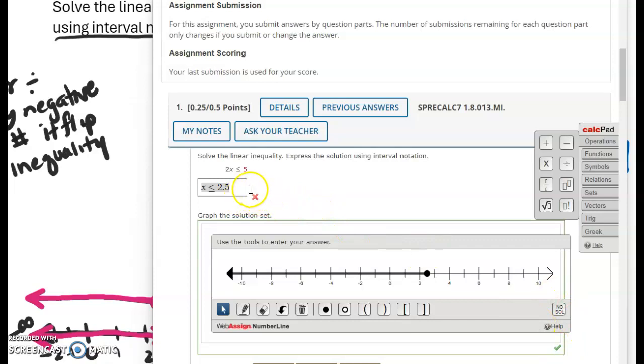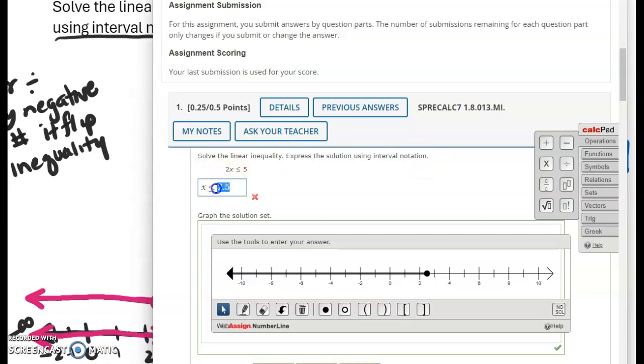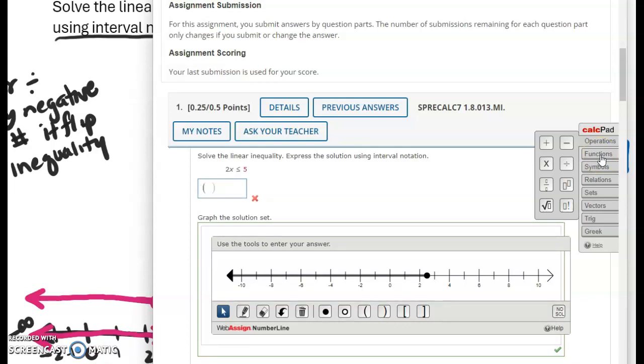So let me see, what did I do wrong here? Solve the linear inequality. Oh, express the solution using interval notation. Okay, so interval notation, the way I wrote it was the inequality. I want interval notation. So let's write this, just like I wrote it on the paper, the parenthesis on the left side, and then let's look through here and see if we can find the infinity symbol.